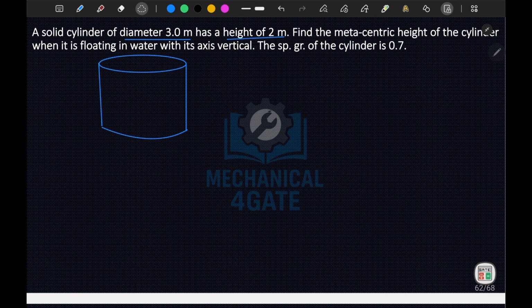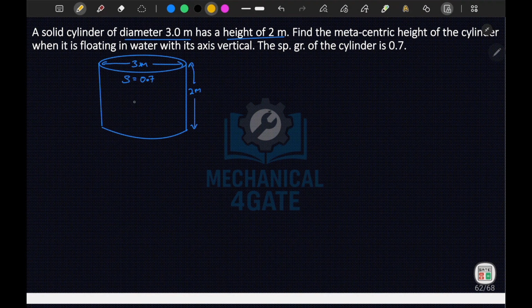So 3 meter diameter. This distance is 3 meter and this distance here is your 2 meter. Now find the metacentric height, and the specific gravity of the cylinder is S is equal to 0.7.